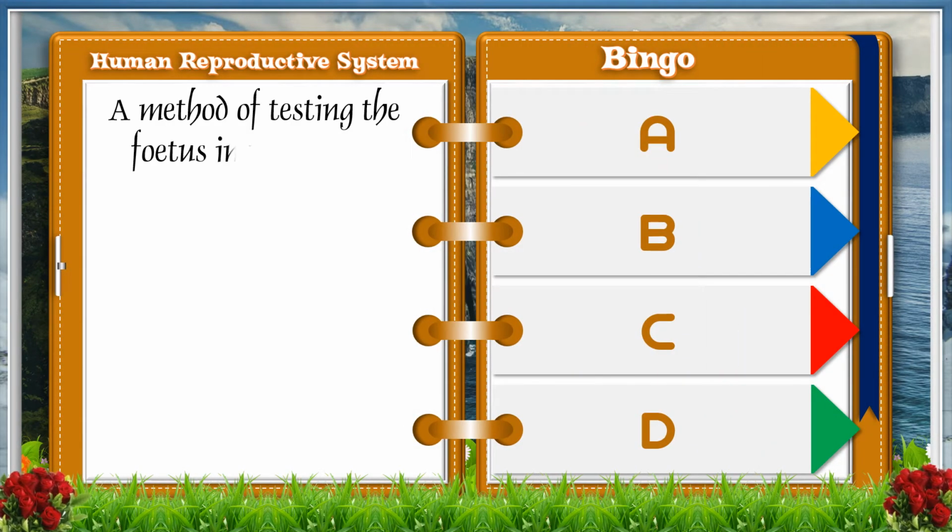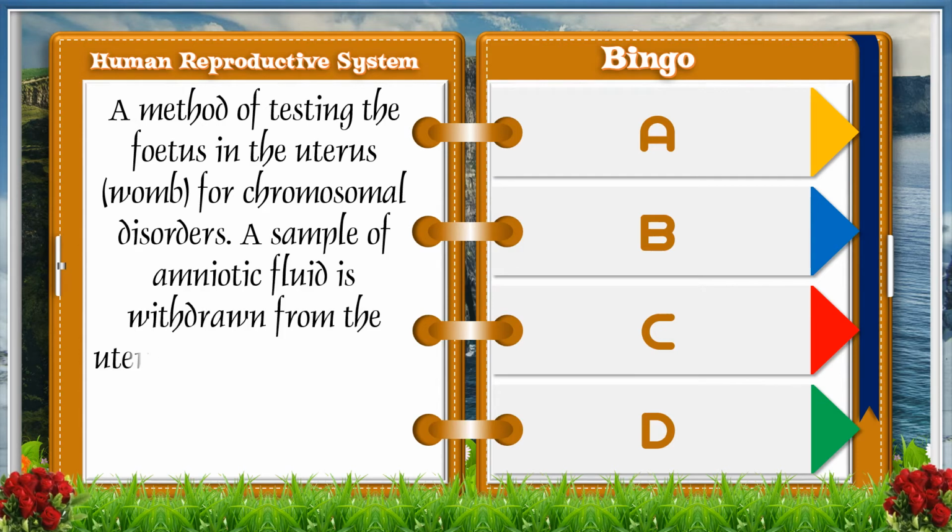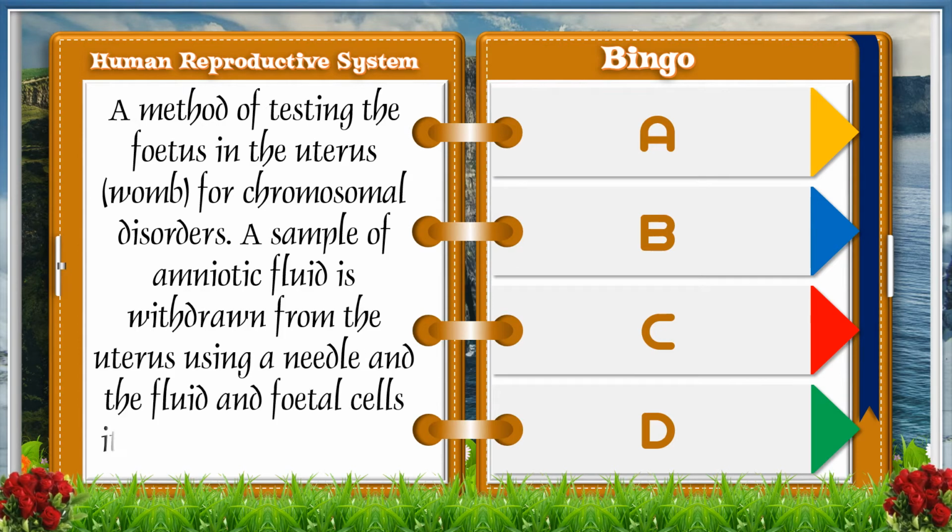Method of testing the foetus in the uterus, or what we call a womb, for chromosomal disorders. A sample of amniotic fluid is withdrawn from the uterus using a needle, and the fluid and the fetal cells it contains are analyzed.